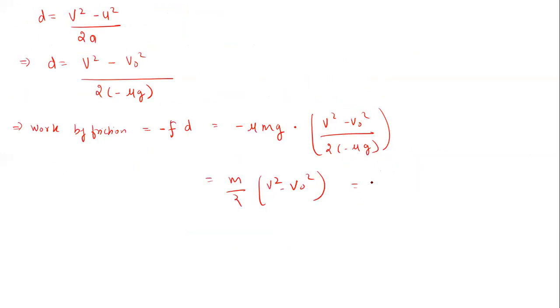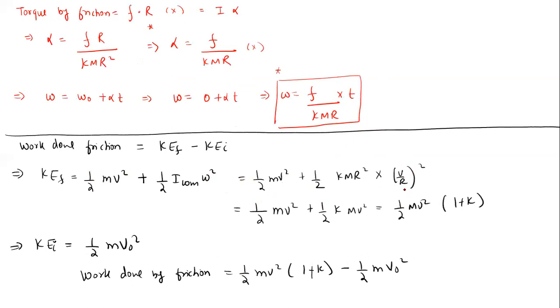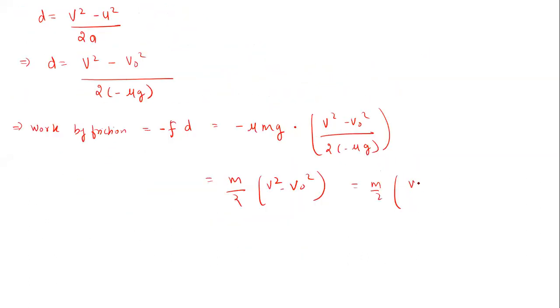So m by 2 into v naught by 1 plus k whole square minus v naught whole square. So m v naught whole square by 2 into 1 by 1 plus k whole square minus 1. This is the work done by the friction force.